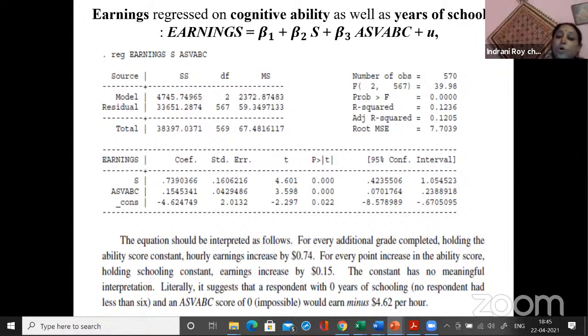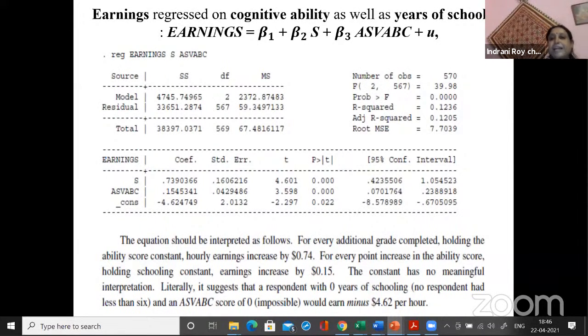That is also an important determinant of earning, because you may have a higher number of years of schooling, but with bad test scores. Bad test scores means that you won't be considered a very good candidate in the job market. So ASVABC, the average test score, is taken as one additional explanatory variable.